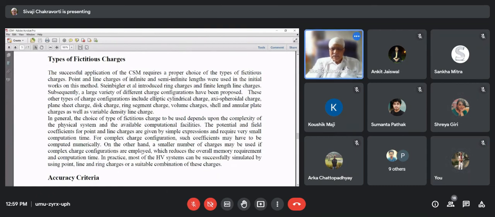For example, this. So you can see how powerful this ring is. So we take the ring charges and we simulate a lot of systems by ring charges. For example, if I have to simulate a sphere, no question, we will use ring charges, and then by a small number of charges, I will simulate the sphere.